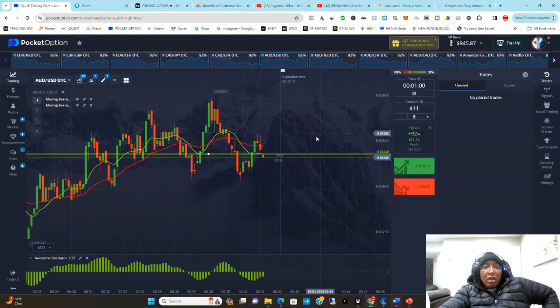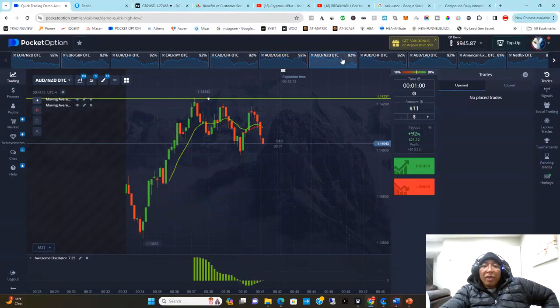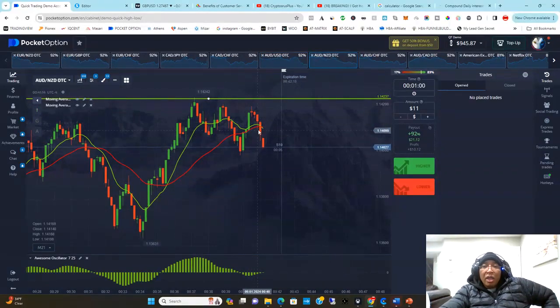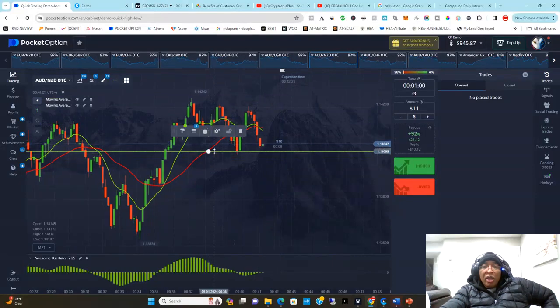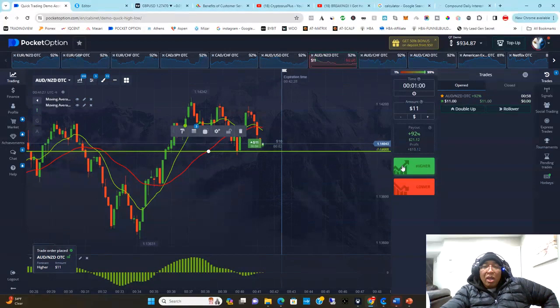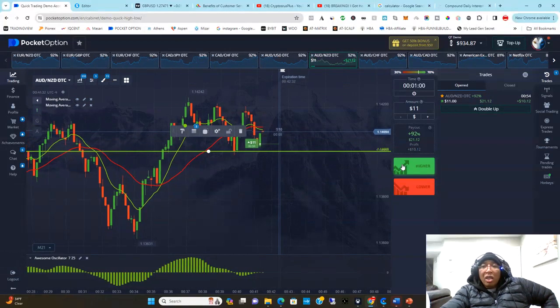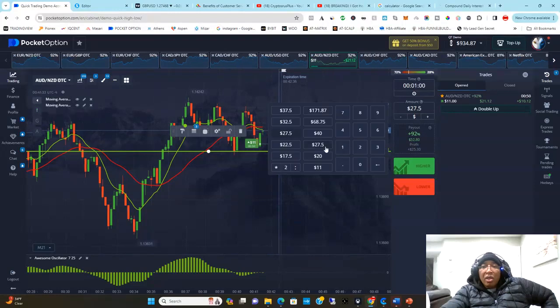Okay, it's coming down. Okay, coming down, guys, very strongly. But we have this here. Okay, so I guess once it touches there, it's gonna go up. Okay, there you go. The next one is this one.